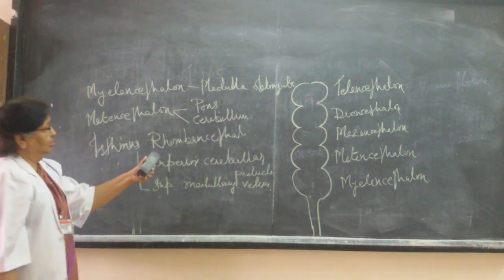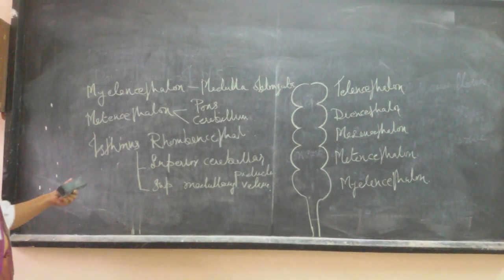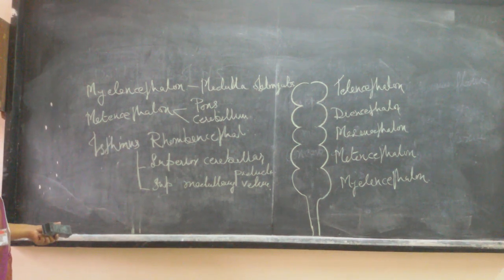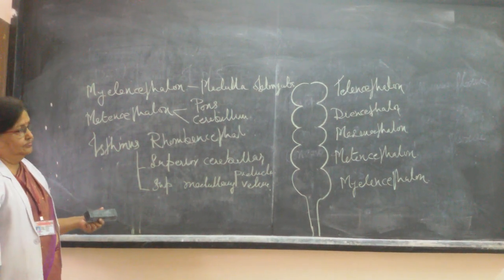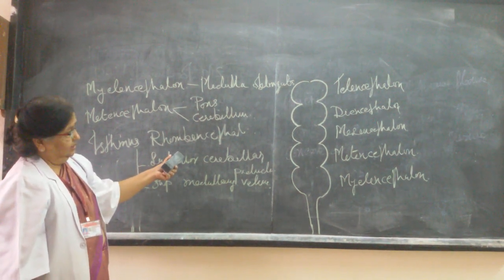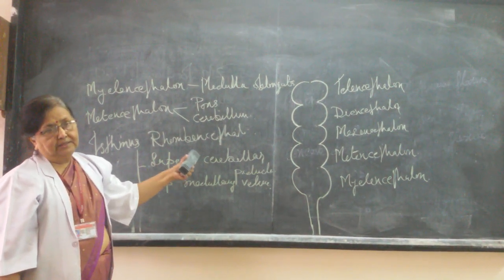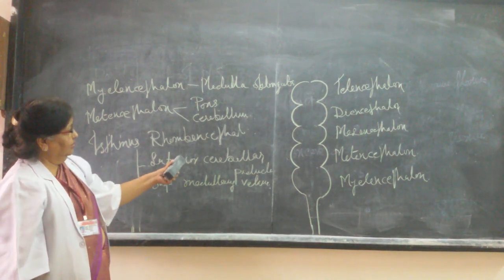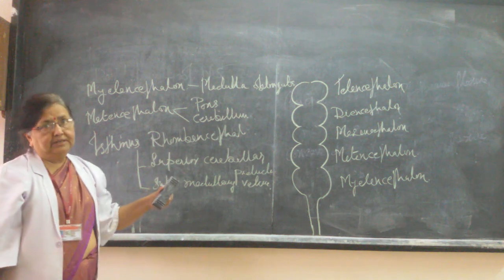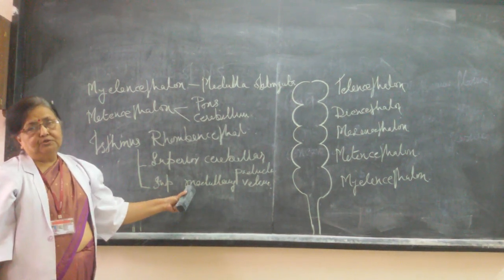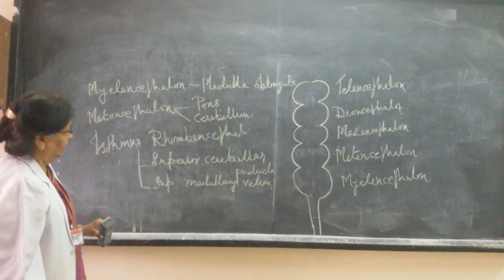The superior cerebellar peduncle is a bundle of fibers connecting the midbrain and cerebellum. The medial margins of the superior cerebellar peduncles are connected by a sheet of white matter known as the superior medullary velum.